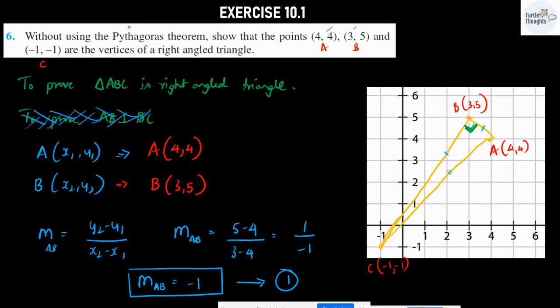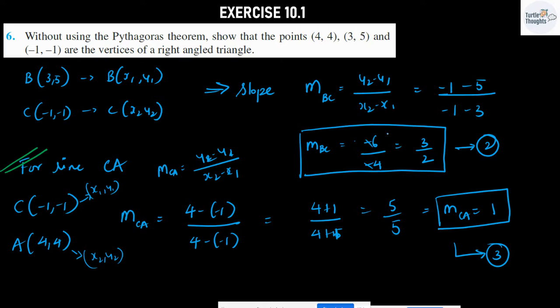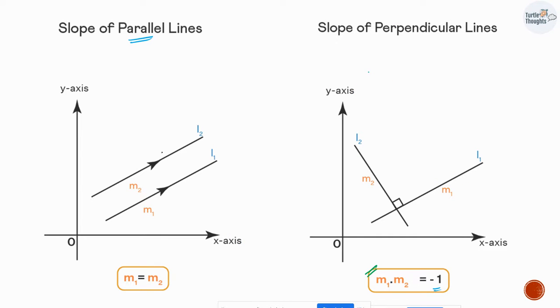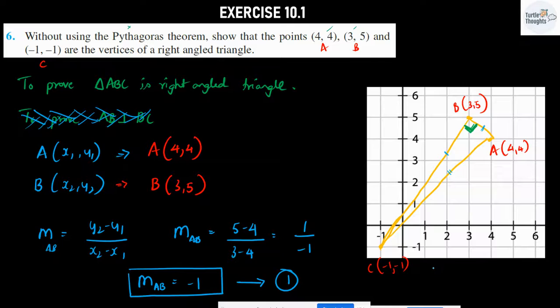I have got the slope of line AB as minus 1, line BC as 3 by 2, line CA as 1, right? Now, I know that whenever two lines are perpendicular, the product of their slopes should be equal to minus 1.